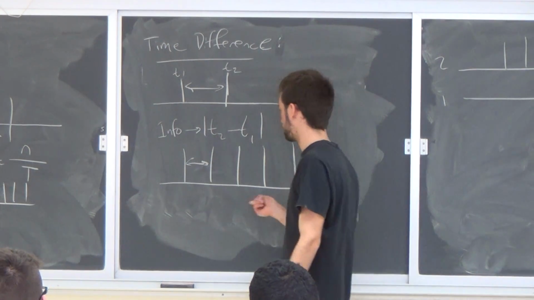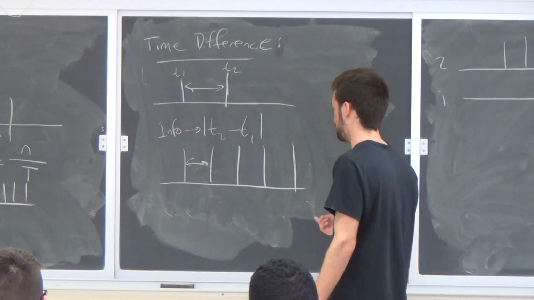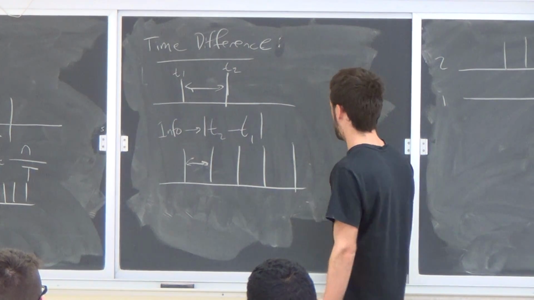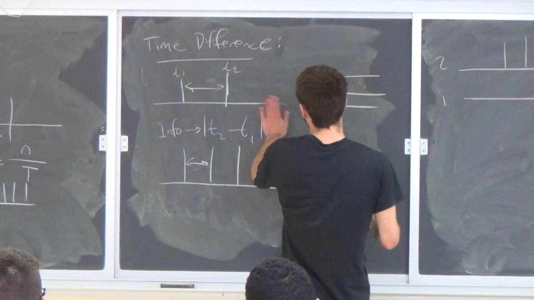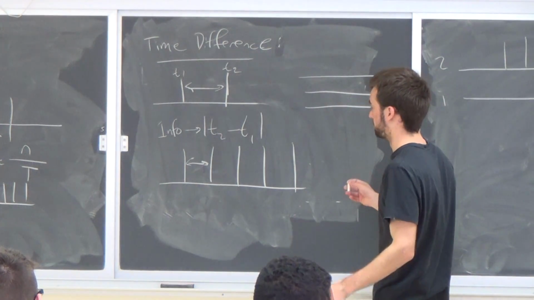But there's a problem with this, and this is more just an experimental problem, which is when you actually look at single neurons. Say we just look at the same neuron and we perform an experiment. This is the same neuron and we perform an experiment 3 times.